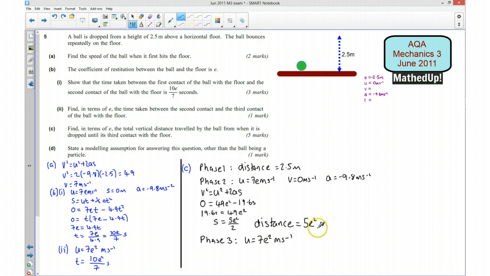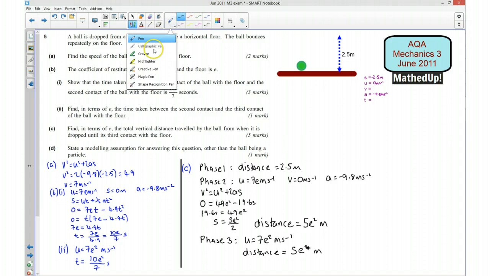So our distance, instead of being 5e squared, is going to be 5e to the power of 4 meters. Just to clarify, e has now been replaced with e squared, which means e squared must be replaced with e to the power of 4 over here.